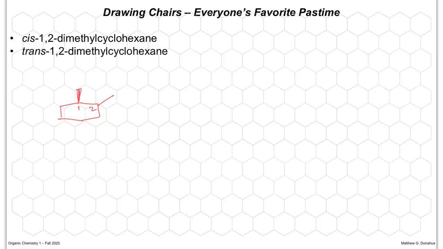And for that, I'm going to use these wedges. So that means they're on the same face. So I'll put some numbers in here because I said they were 1,2. I'll say 1 is right there and 2 is right there.